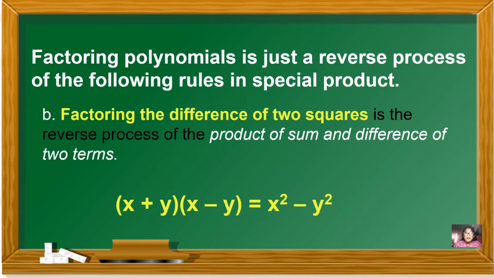We multiply these two binomials, the product of the sum and difference of two terms. That is equal to x squared minus y squared, which we will be factoring under the difference of two squares. So we have x squared and y squared, and then the difference, we have the negative.